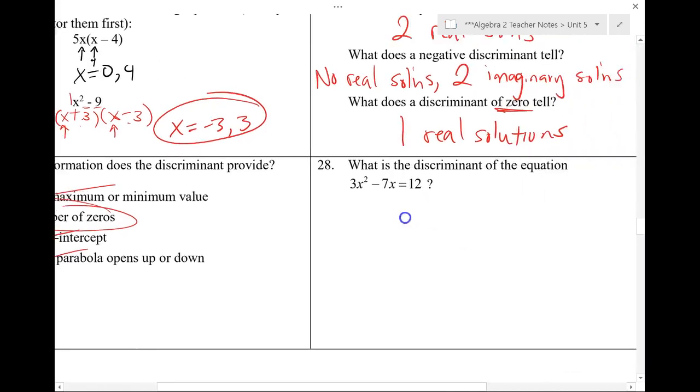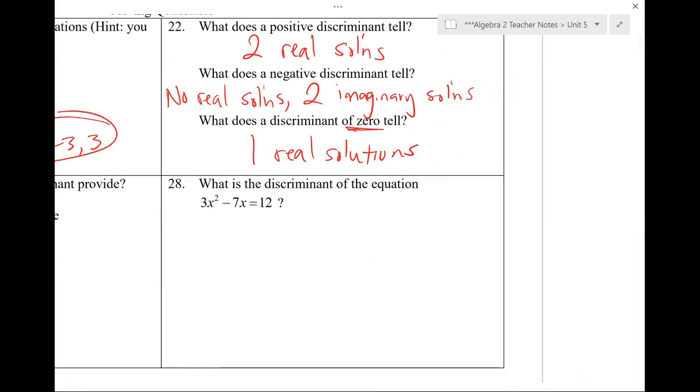Now we have to find the discriminant of this equation here. If you remember, the formula for discriminant is b squared minus 4ac. If you don't remember it, use those flashcards to help you remember. Okay, and in order to actually find the discriminant, I need to make sure that this original equation is in standard form.